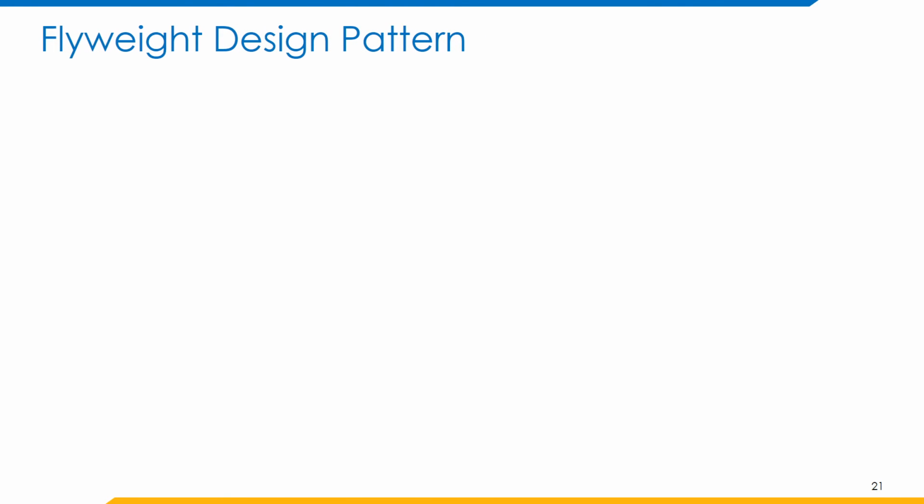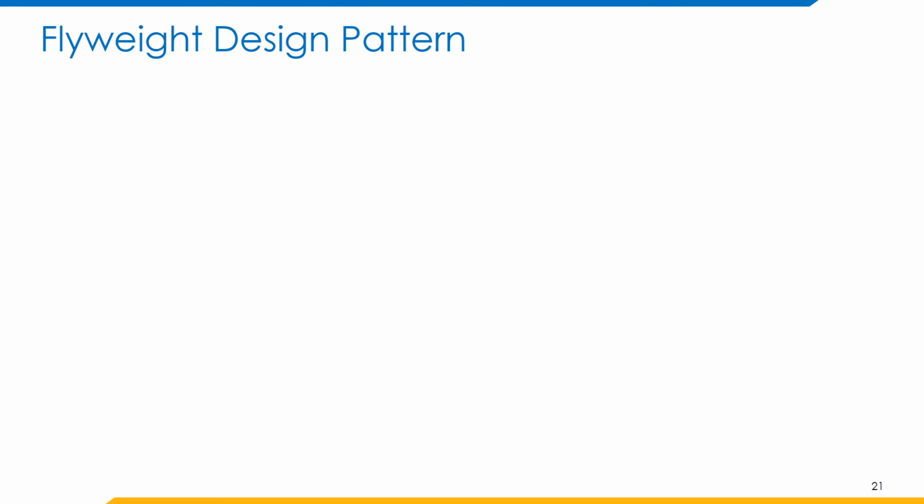Flyweight design pattern. When the number of objects to be created by the application is huge, the object creation is heavy on memory and it can be time consuming. In that case we will implement the flyweight design pattern.